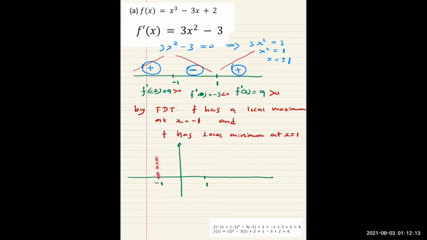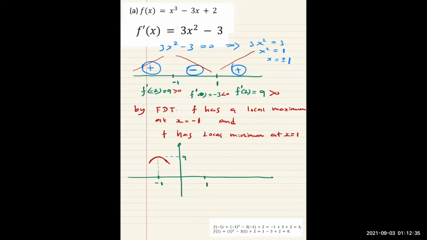The local maximum value is 4. At x is equal to -1, y value is 4. Okay, so I'll mark that point here. Let's say this value is 4. So that means I'm going to have a shape like this at this point. I need to figure out the rest. We will figure that out.